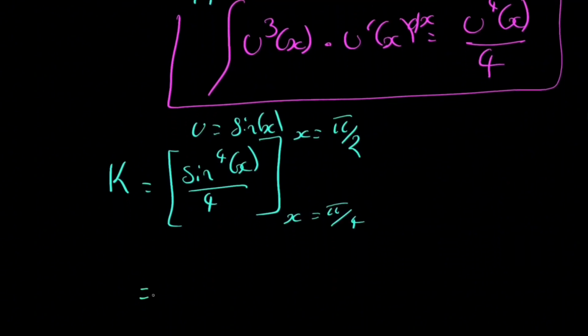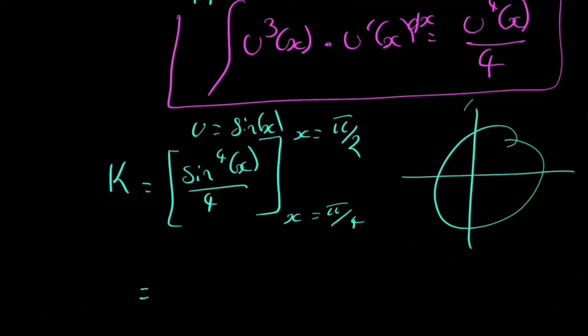So sine of pi over 2: let's remember, this is our trigonometric circle, pi over 2, so the sine is equal to 1.